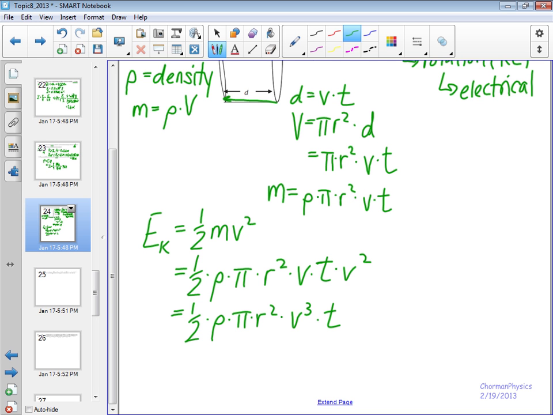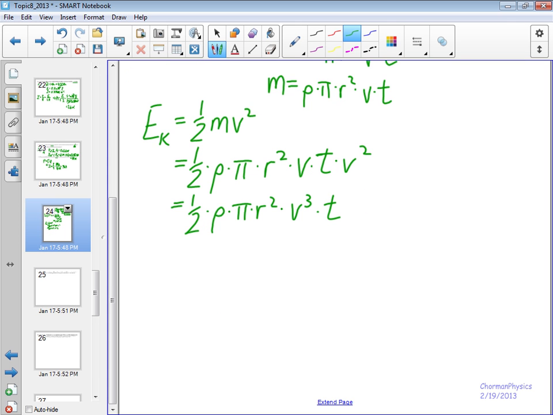All right, there we go. And so that tells us how much energy is being delivered by the wind, okay, in this tube of air. And if we want to know, all right, the rate at which it's being delivered, all right, remember it's just the change of energy, all right, per time, or transfer of energy per time, okay?